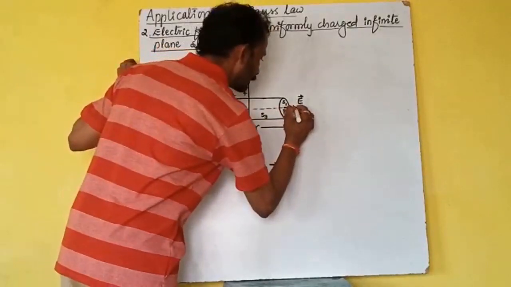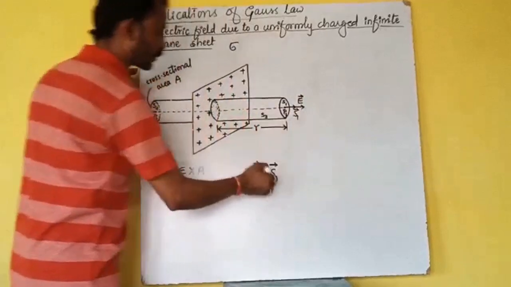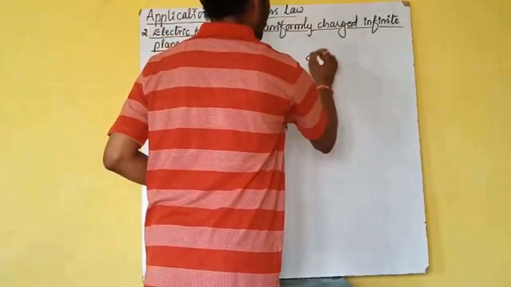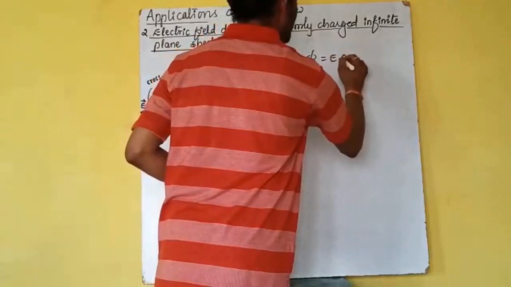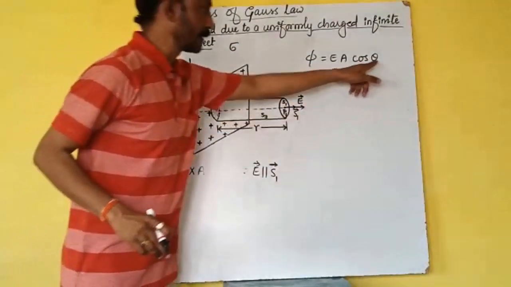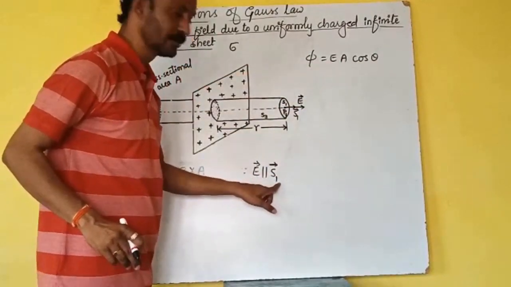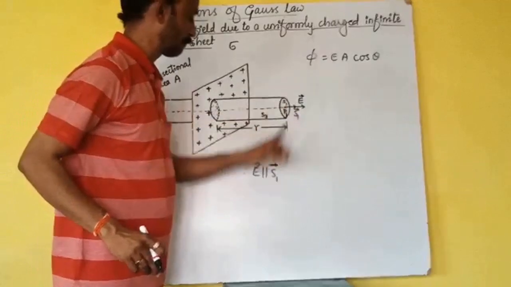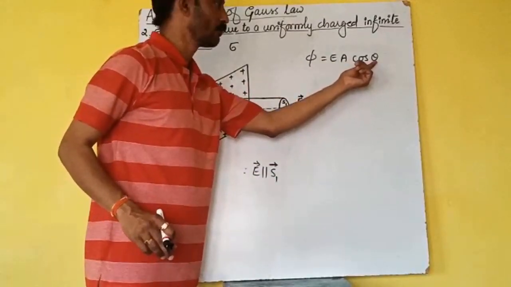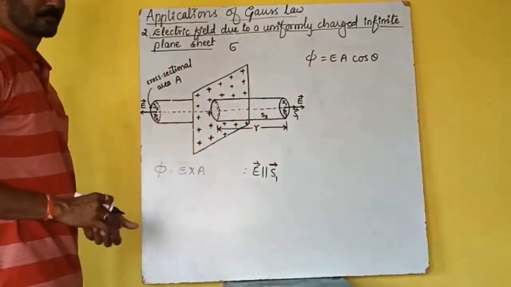Here S1 vector and E vector are both parallel. Therefore, electric flux phi is equal to E into A cos theta. Here theta is 0 degree because both the electric field vector and area vector S1 are parallel to each other. Theta is 0 degree, cos 0 is 1. Therefore, phi 1 equals E into A.